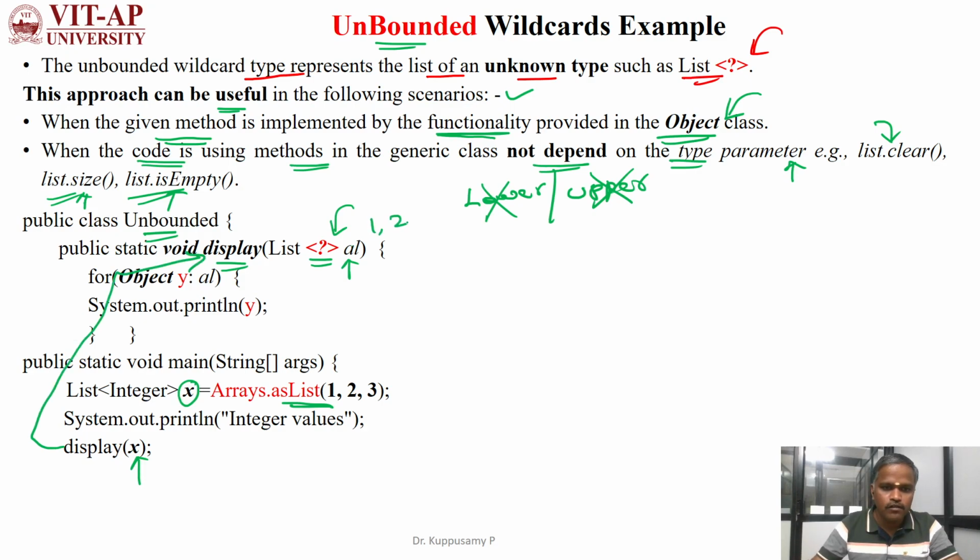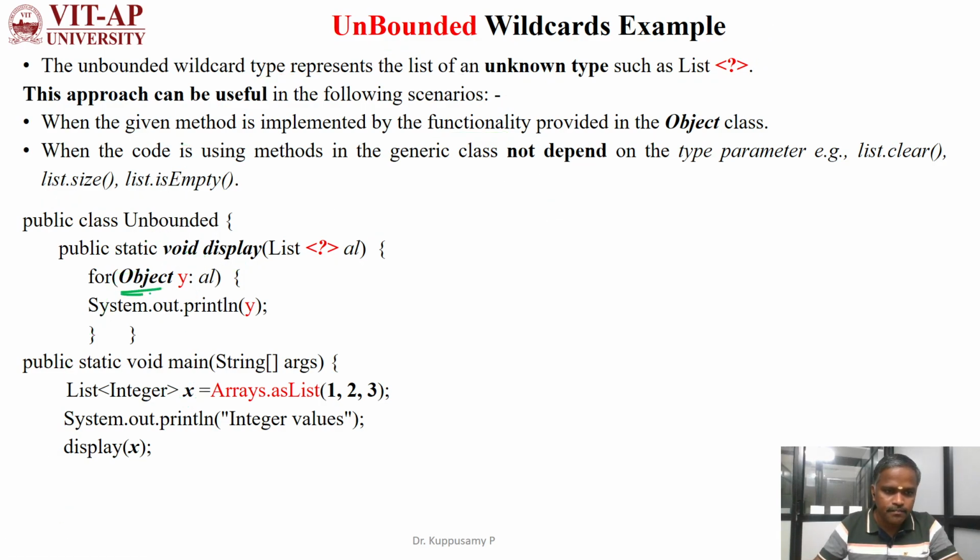Now you see here I am using the Object class. Since I am using the Object class, I can go ahead with unbounded. That's why we are using an unbounded type parameter. There is no super keyword and no extends keyword. If you use the extends keyword, that will be upper bound. If you use the super keyword, that will be lower bound.